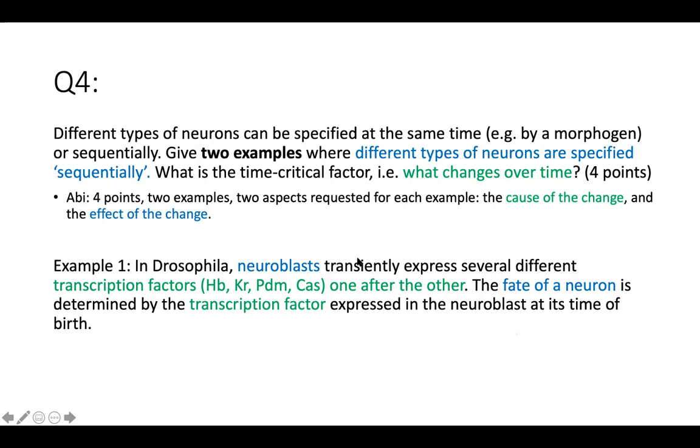So here we have the type of the neurons specified sequentially, i.e. the neuroblasts transiently express things, and the different type of genes expressed determine the fate of the neurons. And we have what changes over time, i.e. this handful of transcription factors. And we have the context. We have that we're in Drosophila. We have that this is happening at the, like, it's fleshed out.